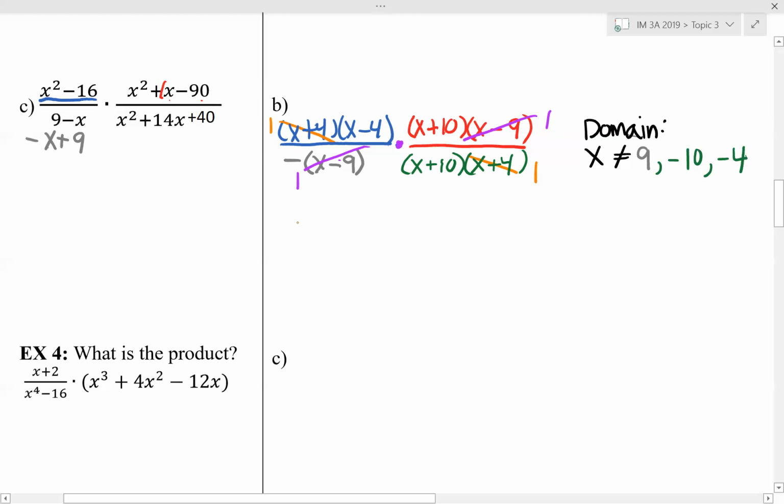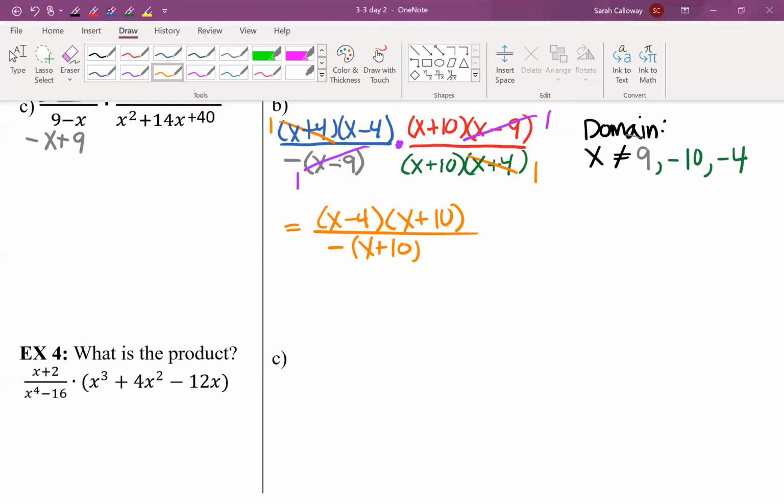That means this expression simplifies to, in my numerator, 1 times x minus 4 times an x plus 10, over a negative 1. Oh, I missed times an x plus 10. Notice that I missed that factor when I was reducing.